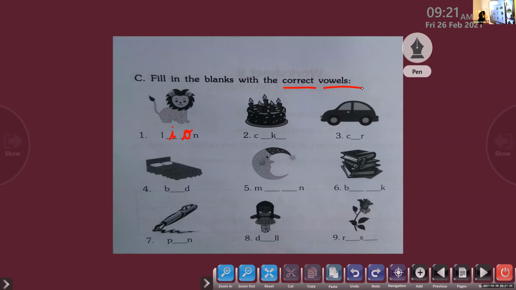Parvati, unmute. Try number 2. C-A-K-E. Cake. Okay. Good effort, Parvati. Thank you. Evelyn, unmute. Try number 3.